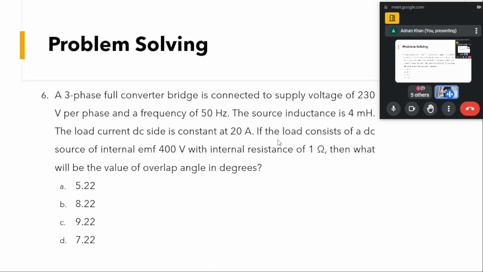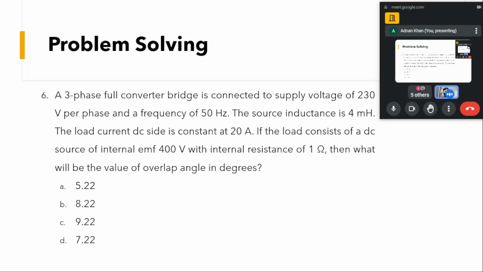Also, the load consists of a DC source of internal EMF 400 volts and a resistance of 1 ohm.